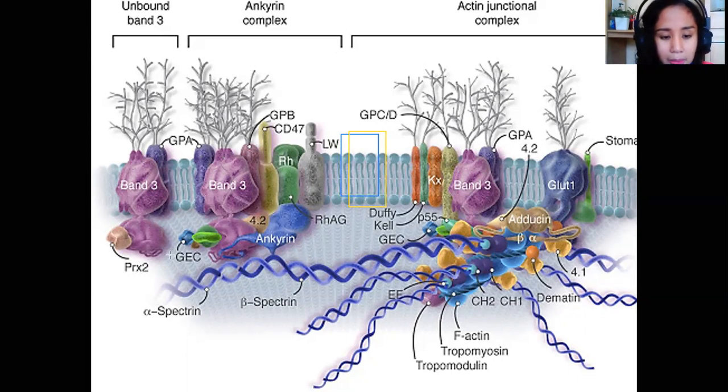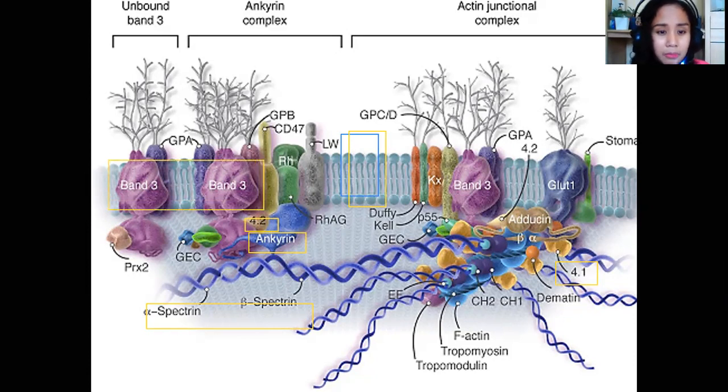So dito tayo sa baba, hanapin natin yung mga sinabi ko sa kanila. Spectrin, and so we have ankyrin. This is protein 4.2 naman. Ayun, yung 4.1 here. We have band 3 here. So this is a protein.